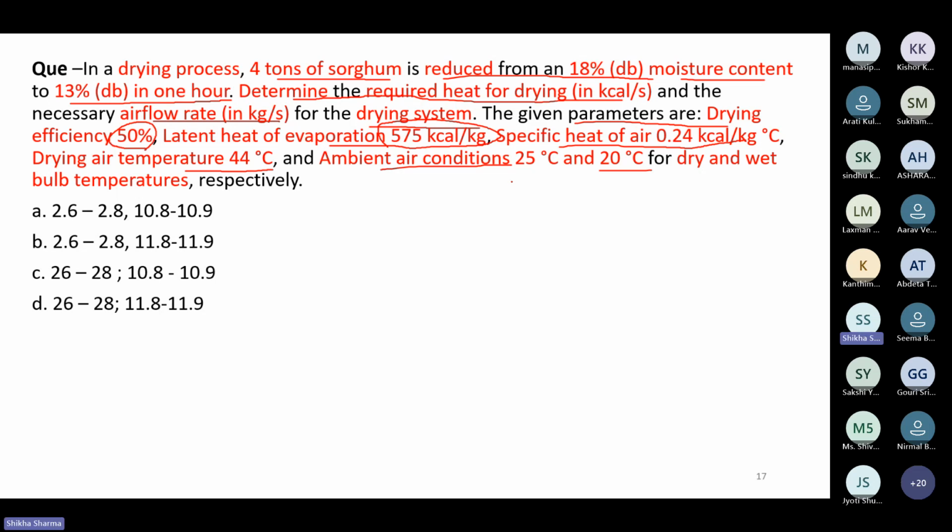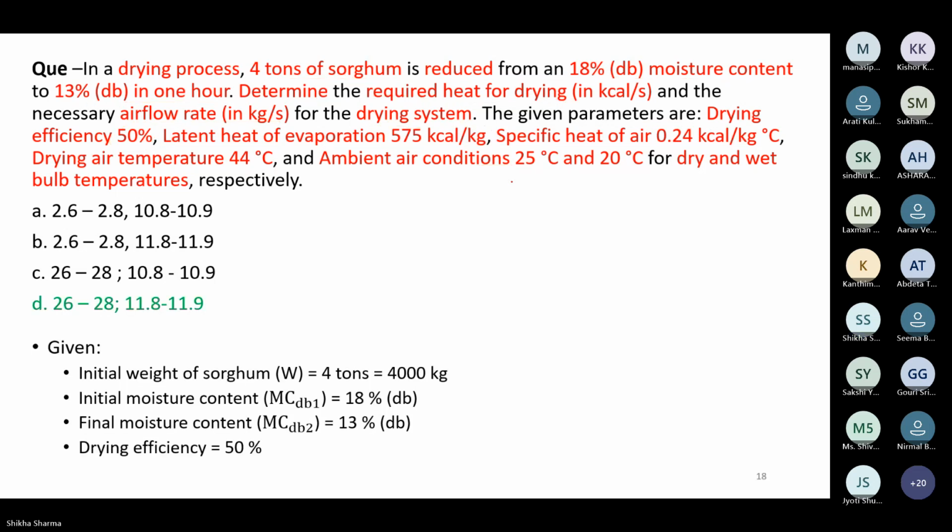We need to calculate two things here. First is the required heat for drying, and second is the air flow rate of the drying system. The total weight of the sorghum is given as 4 tons, which is 4000 kg.